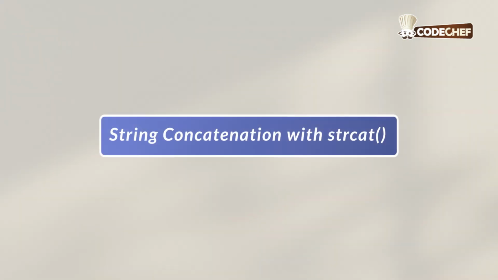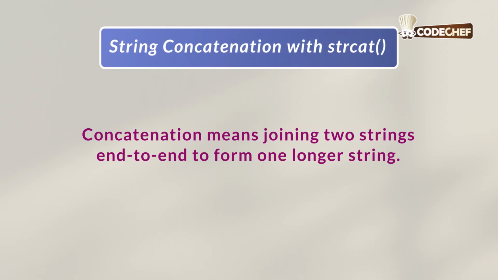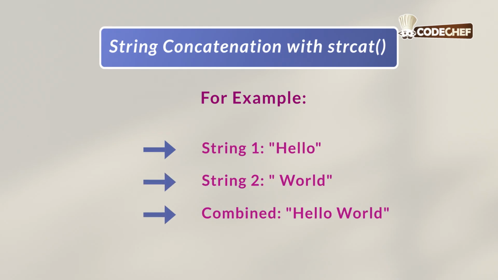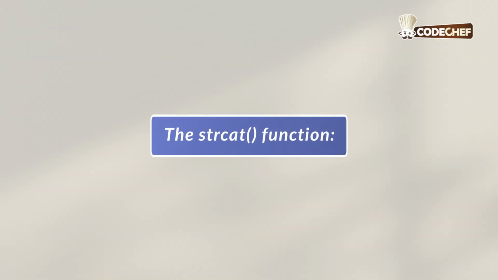Alright, so now let's talk about string concatenation with strcat. What is string concatenation? String concatenation means joining two strings end to end to form one longer string. For example, string 1 is hello and string 2 is world. Combined it gives hello world. The strcat function.